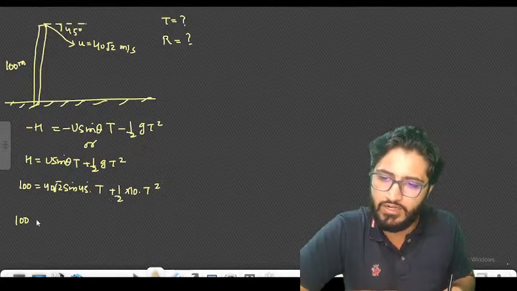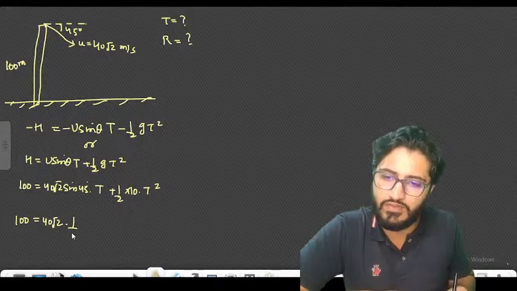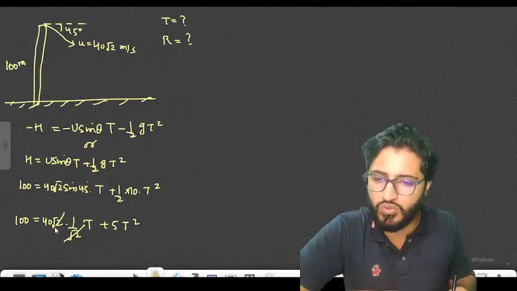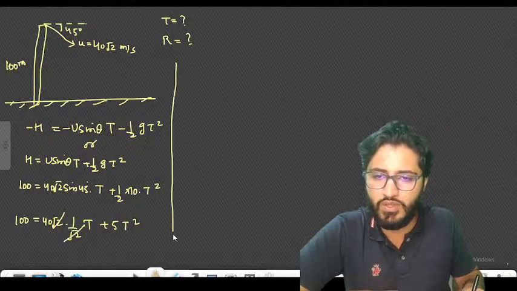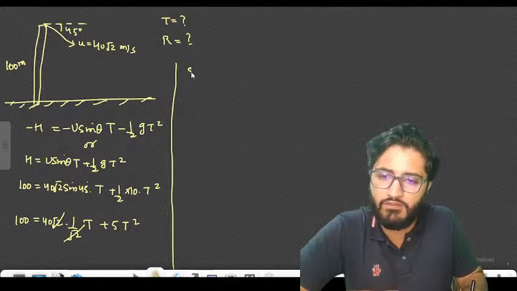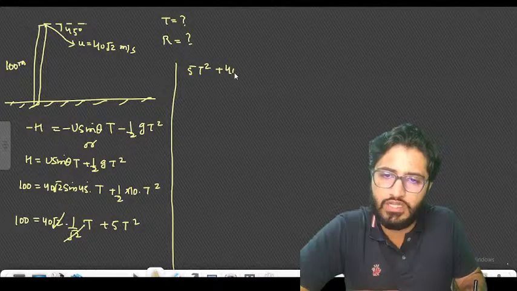I can write 100 equals 40 root 2, sine 45 is 1 by root 2, into t plus 5t square. Root 2 cancels out. So I can write here 5t square plus 40t minus 100 equals to 0.